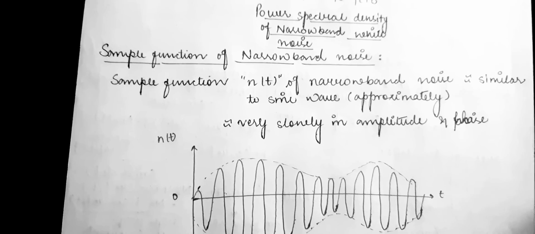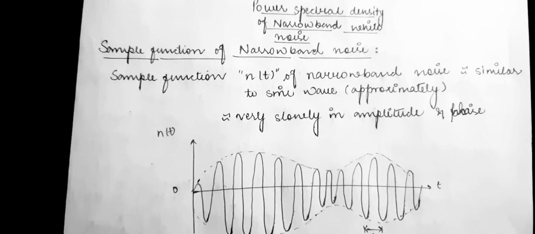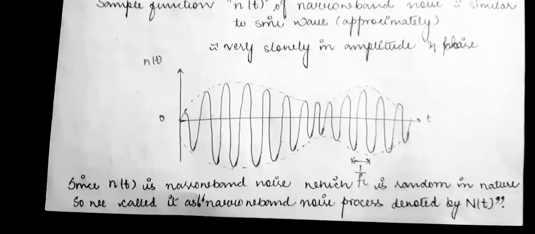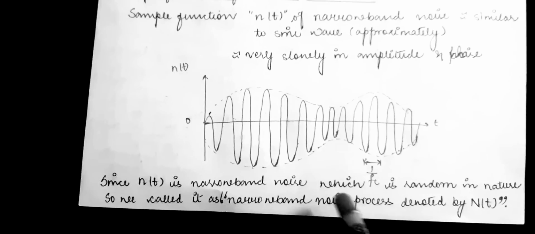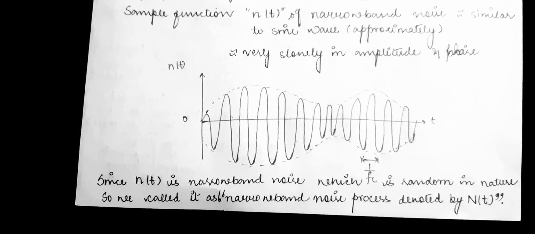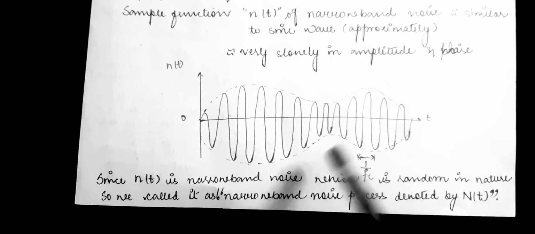Now we note a point here that the sample function of narrowband noise, denoted by small n(t), is approximately similar to a sine wave that varies very slowly in amplitude and phase. We can see that n(t) is represented in the waveform of a sine wave, so it looks like an envelope.